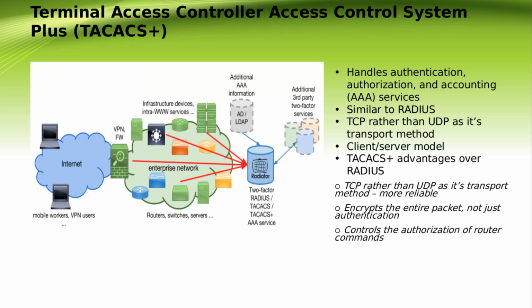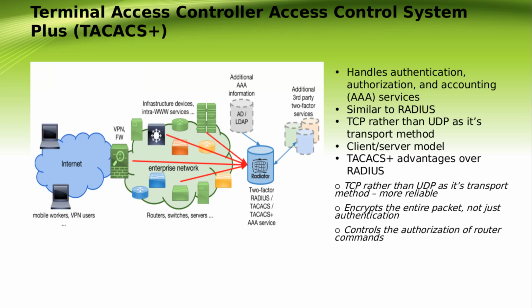Both TACACS Plus and RADIUS contain an accounting function. So if a device were intentionally compromised, an audit trail would show the originating IP address and the user account logged into the device. TACACS Plus offers several advantages over RADIUS.